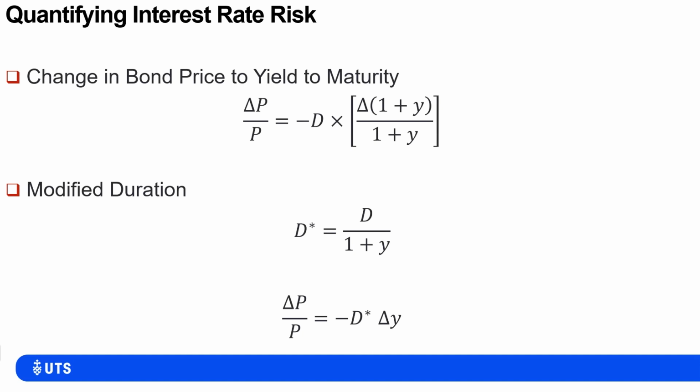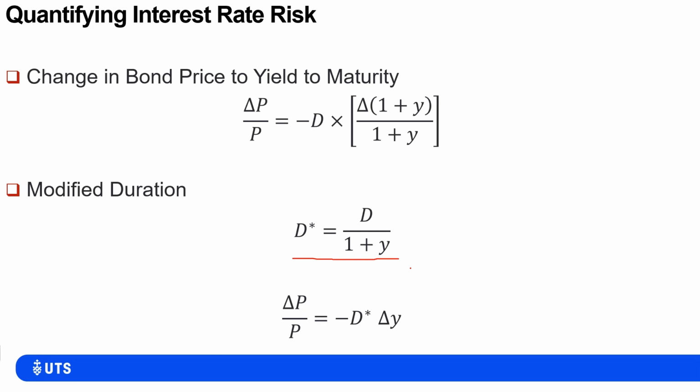An alternative measure is modified duration, and to obtain modified duration, we just use Macaulay's duration divided by 1 plus yield to maturity. Sometimes we directly call Macaulay's duration just duration. That's how we quantify interest rate risk.